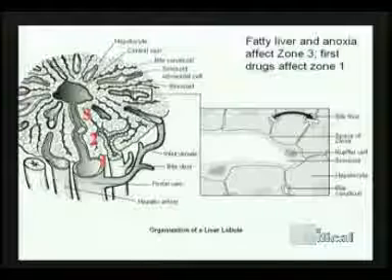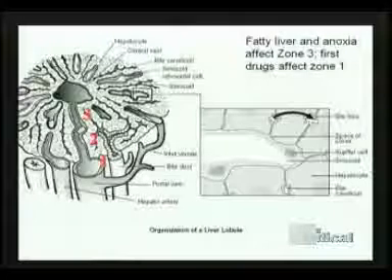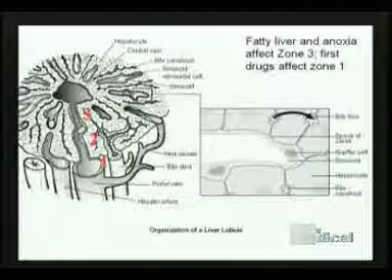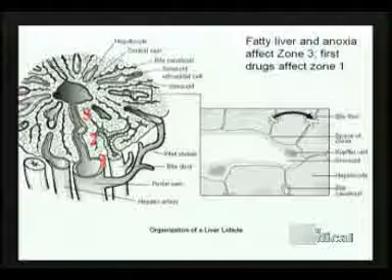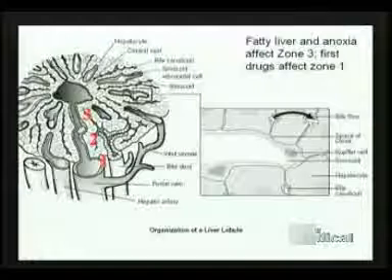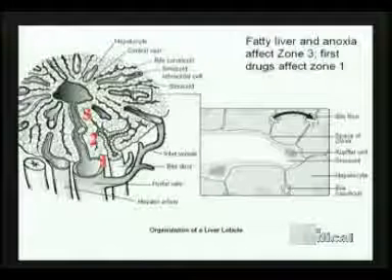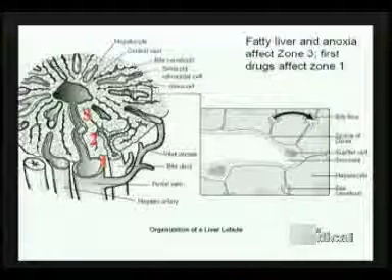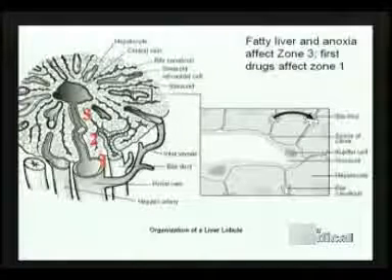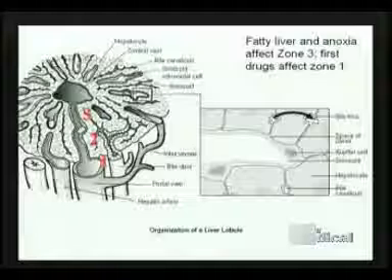Zone 2 is intermediate. Zone 3 is furthest away from the entry point of blood and is closest to the central vein. So functionally, we can associate different parts of the liver according to these zones as being first or last affected by either drugs or anoxia, respectively.